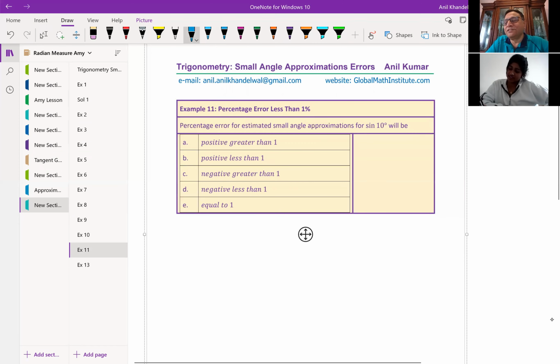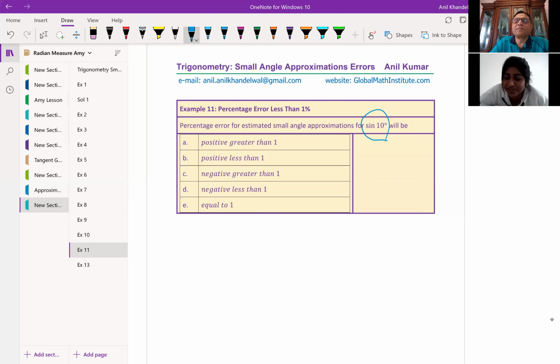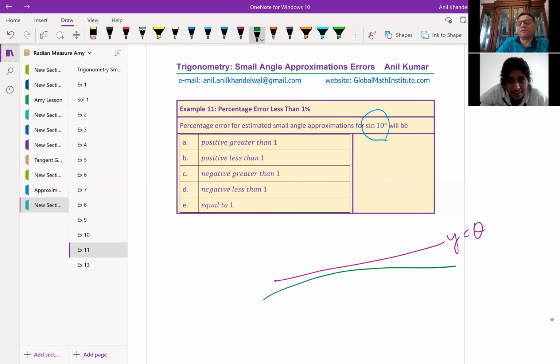Can you please read and answer this question? So the percentage error for the estimated small angle approximation for sine 10 degrees will be, what is correct? It would be positive, less than 1. B. Because estimated is this, actual is this, so is it always positive or negative?